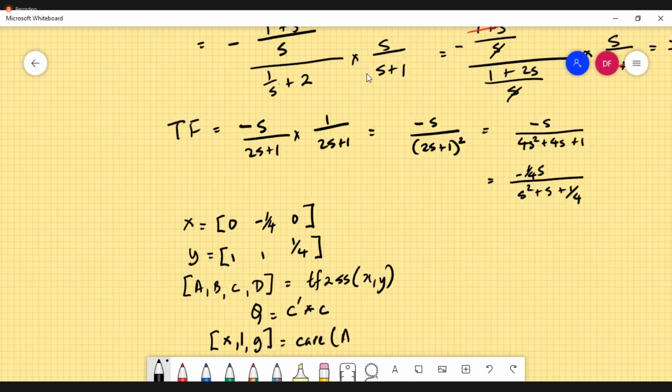A, B, Q. What I was going to say is that instead of doing that, we could write down our X dot is going to be equal to 0, 1, negative a quarter for this one here, and for this one here to be 1.